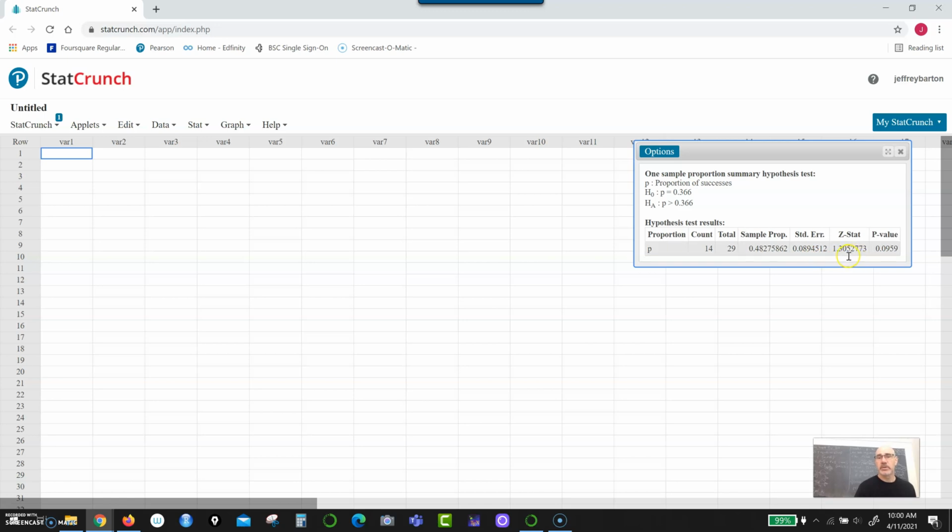The z-score, which after you round is 1.31, and then the p-value, which is about 0.096 in this case instead of 0.095 because of where the rounding took place in our calculations. So p-value, z-score, standard error, sample proportion, all that's done automatically if you tell StatCrunch the number of successes and the number in your sample.